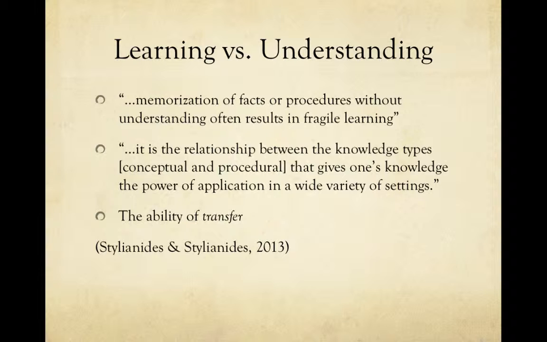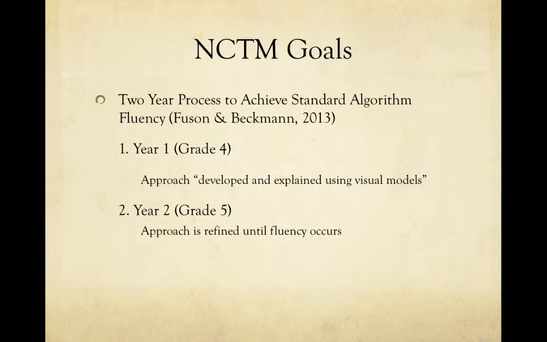With support of the National Council of Teachers of Mathematics, it is my personal belief that how we teach multiplication should be a multi-step process that builds upon itself. By mastering early steps in the process, students can use the ability of transfer to grasp new steps until it can all come together. The NCTM has goals for students to work with explicit instruction in multiplication over the course of 2 years.